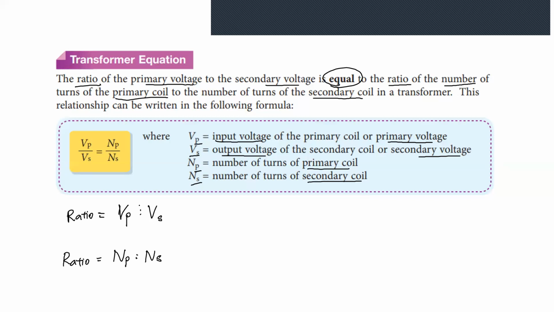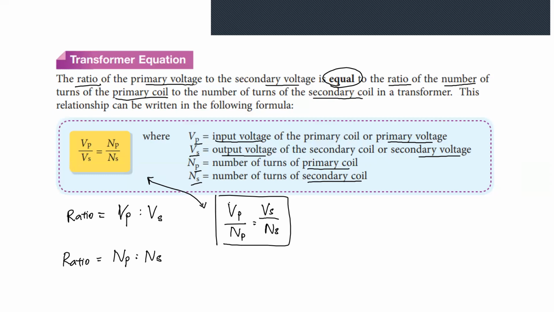Then since they are equal, we can say Vp over Np equals Vs over Ns. Then you might ask me, teacher, why are they different?